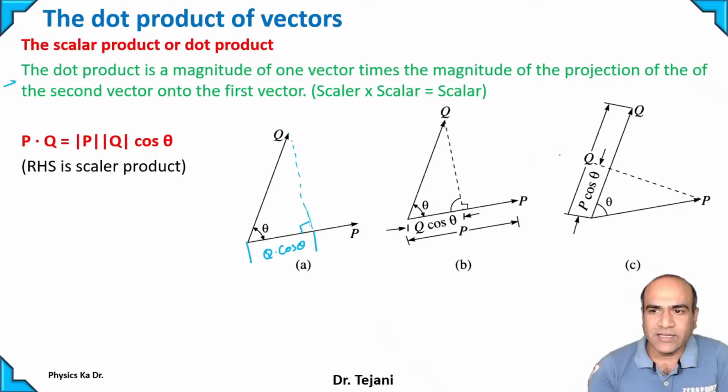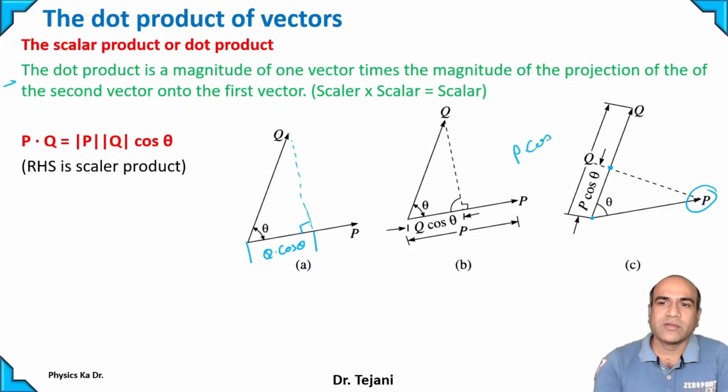Or you can take the opposite side, the projection of P on Q, so it gives us P cos theta. So it is a multiplication of P cos theta multiplied by Q. In both the cases, we are not taking direction.